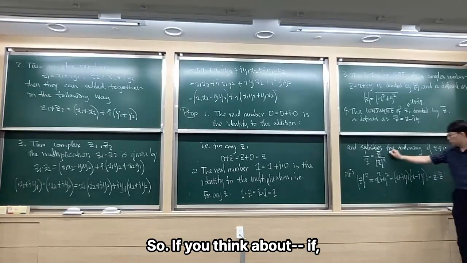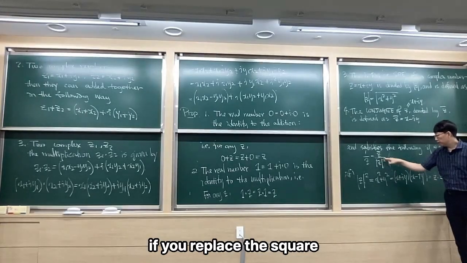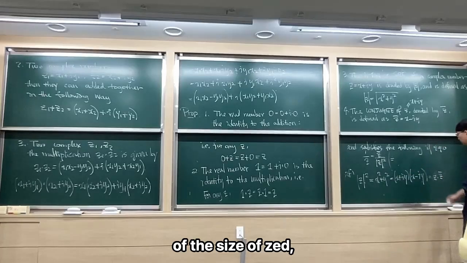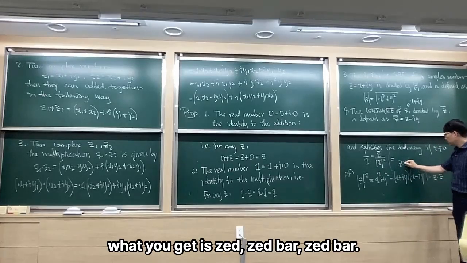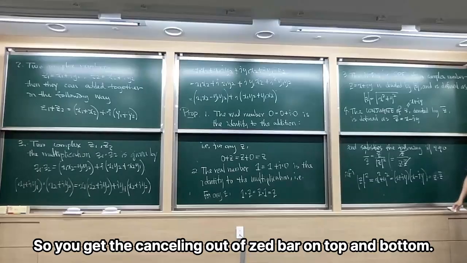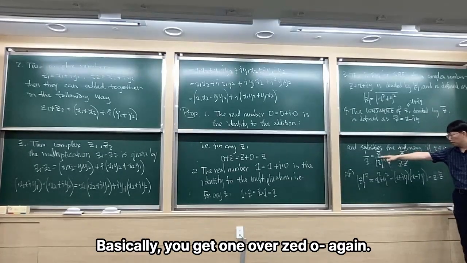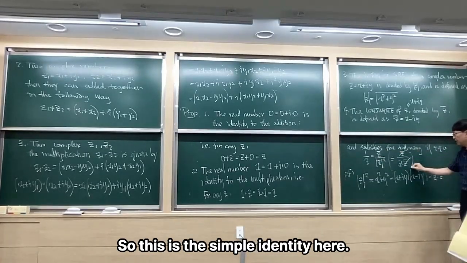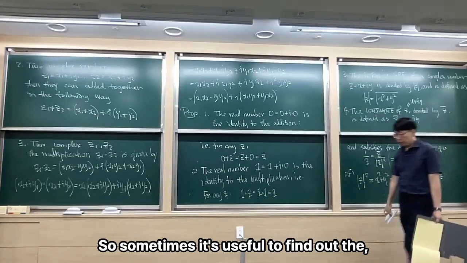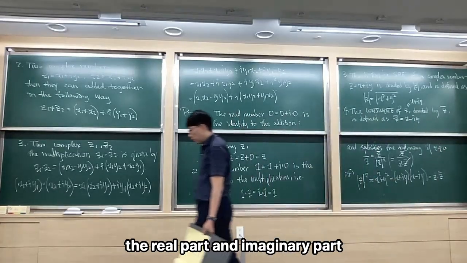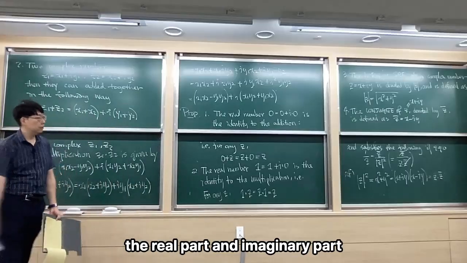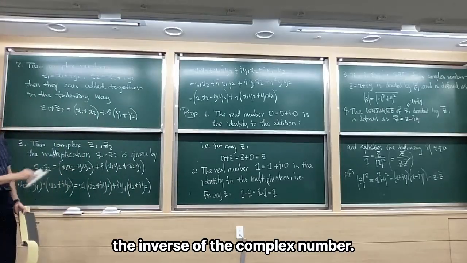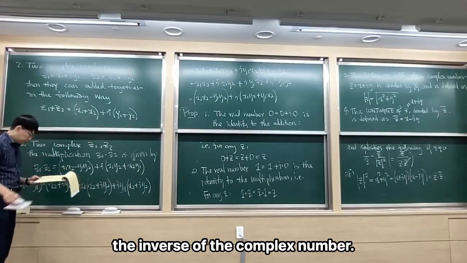So if you replace the square of the size of z with that, z bar cancels out on top and bottom, and basically you get 1 over z again. So this is the simple identity here. Sometimes it's useful to find the real part and imaginary part of the inverse of the complex number.